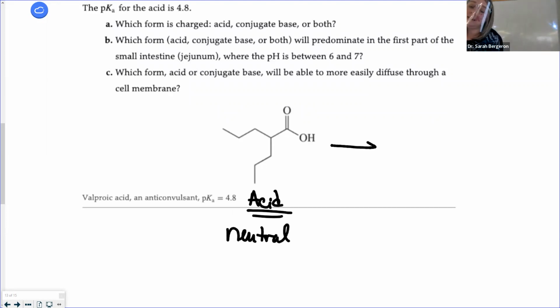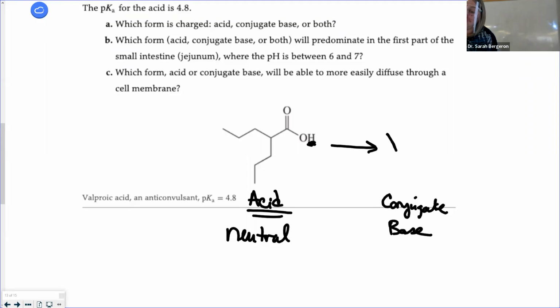If it's an acid, it can undergo a reaction and it can form a conjugate base, right? What happens when we go from an acid to a conjugate base? Gain or lose a hydrogen. We're going to lose a hydrogen. Do you see a hydrogen in this structure? There are many, but we don't draw them, but there's one that we see. That is the hydrogen that we're going to lose.